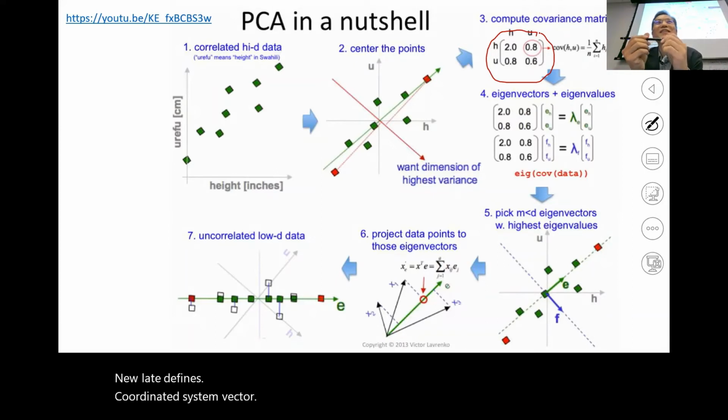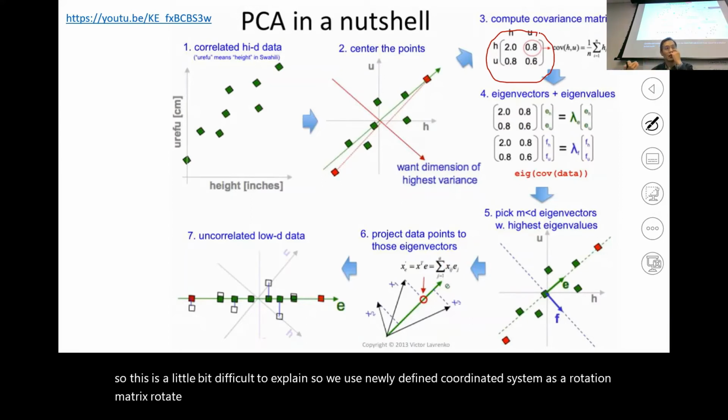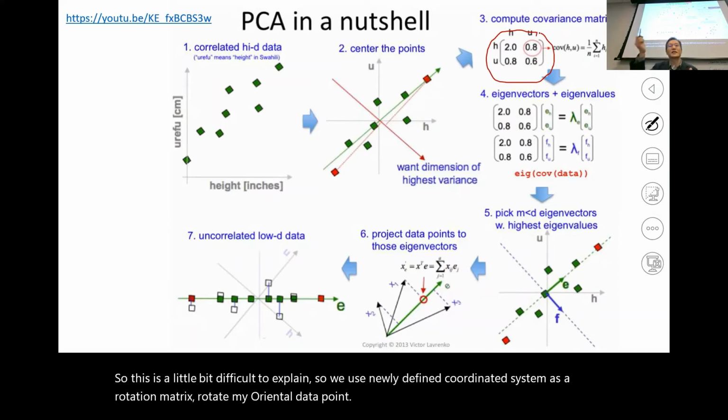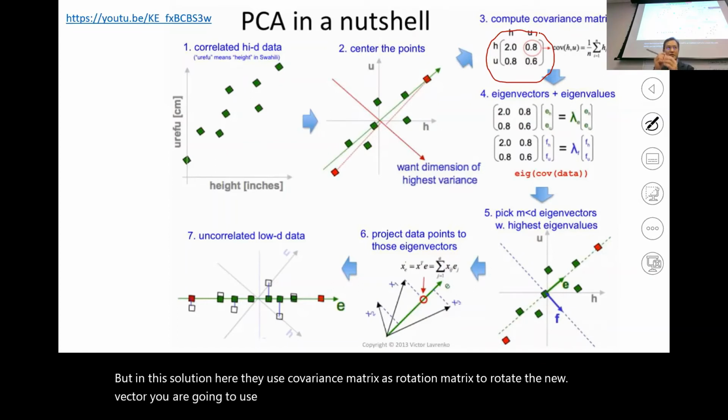This is a little bit difficult to explain. We use the newly defined coordinate system as a rotation matrix to rotate my original data points. But in this solution here, they use the covariance matrix as a rotation matrix to rotate the new vector you are going to use as a coordinate system.